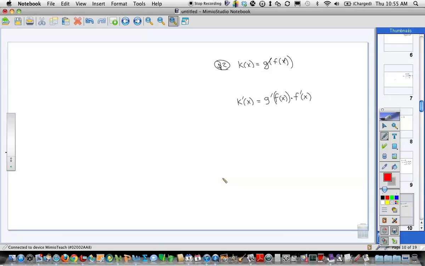So therefore, let's just do two of the examples. They said evaluate K of 0. So K of 0 means do G of F of 0. Right? K of 0 means put a 0 in for X. So how do I do G of F of 0? This is back to the old Algebra 2 stuff with composite functions. Where do I look first? Find F of 0.